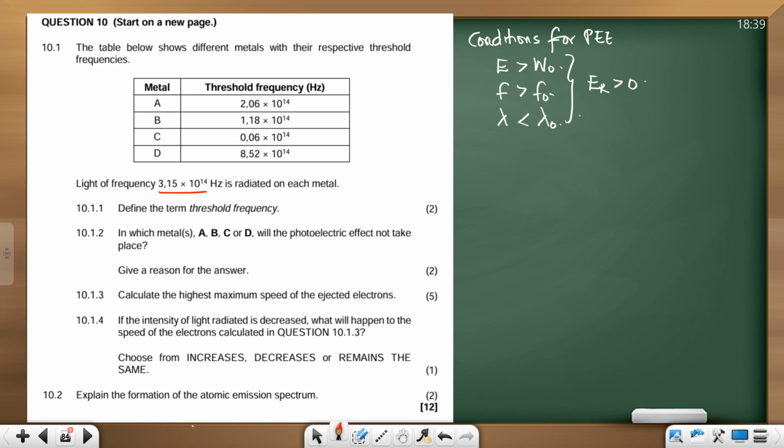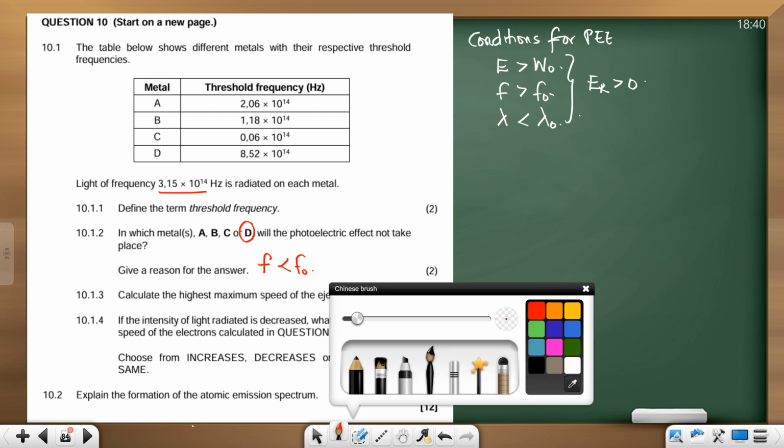Absorption and emission, I'll explain that. So if you look at the light, the frequency of the light is greater than A, greater than B, greater than C, except for D. So what's my answer? What's your reason? The frequency of the light is less than the threshold frequency. You're done. You don't even need to write stories.